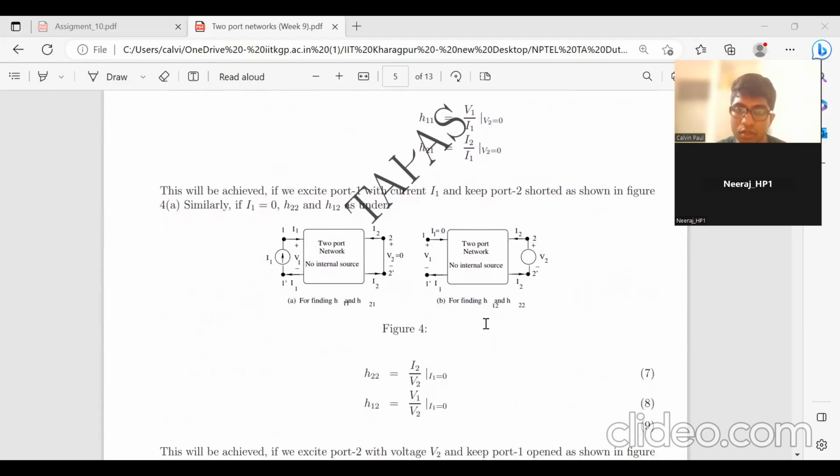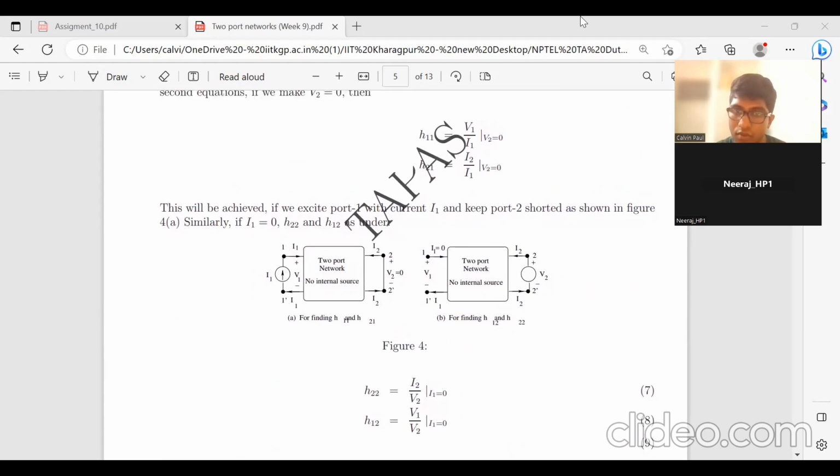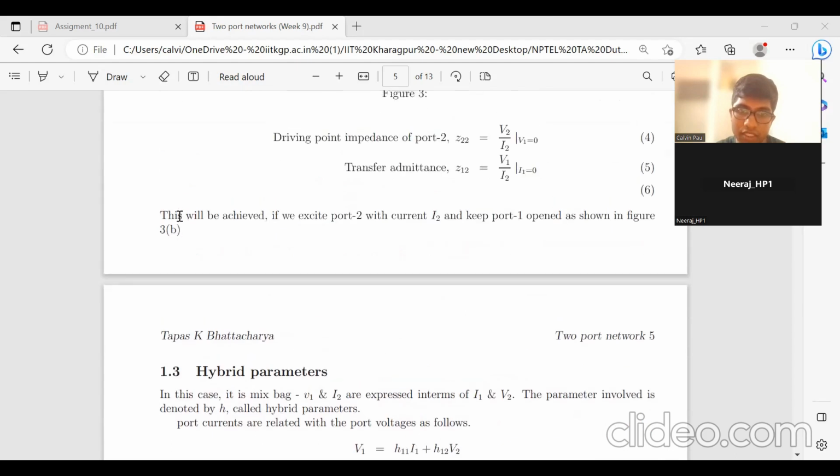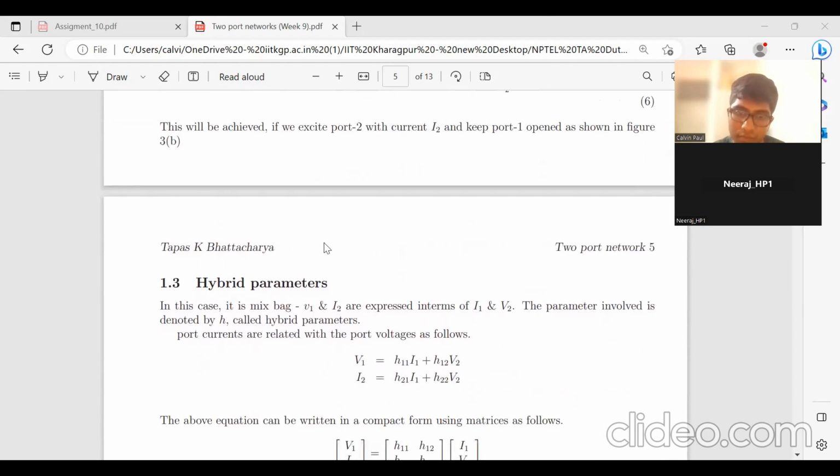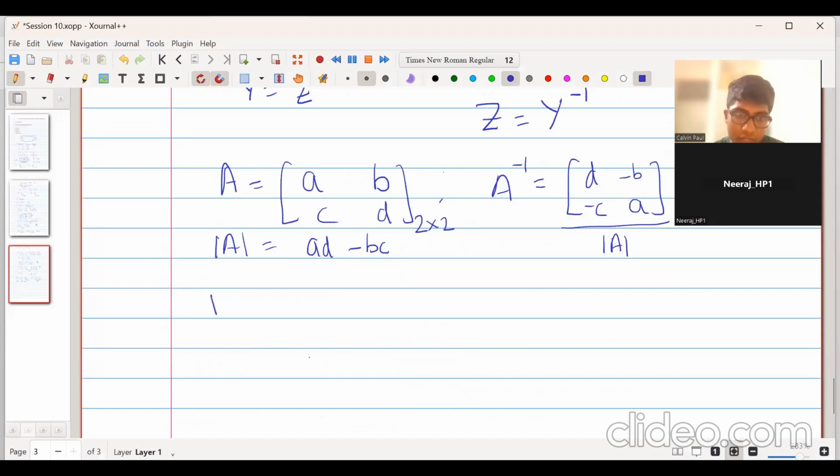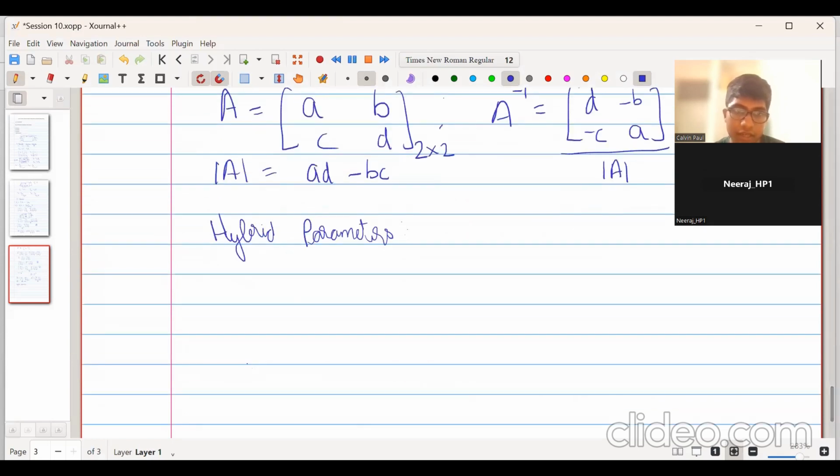Let us consider these equations for hybrid parameters. We have V1 is equal to H11 I1 plus H12 V2.